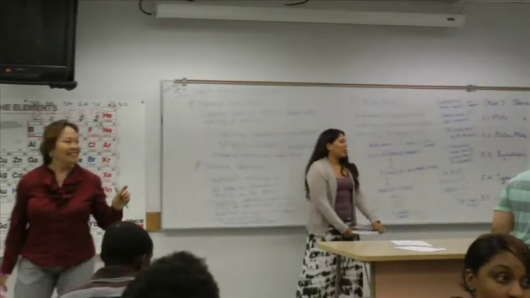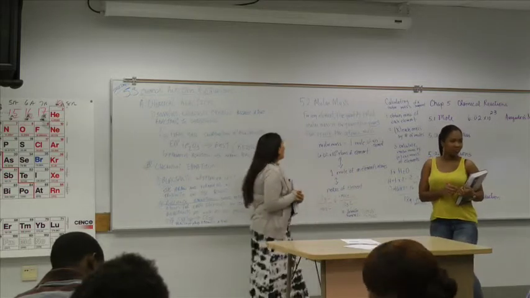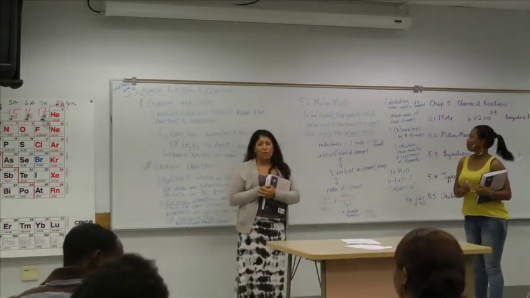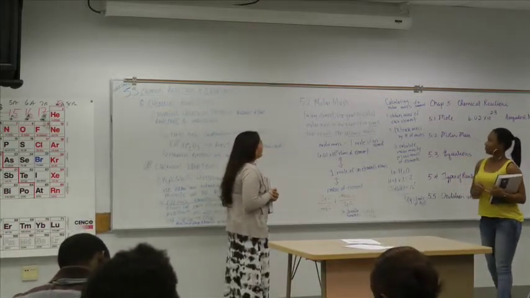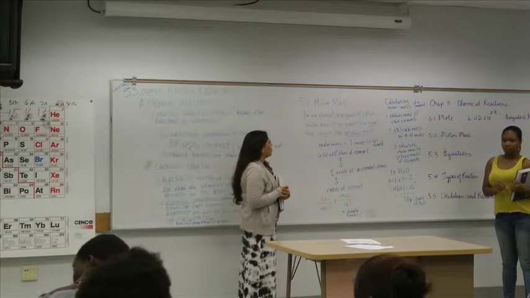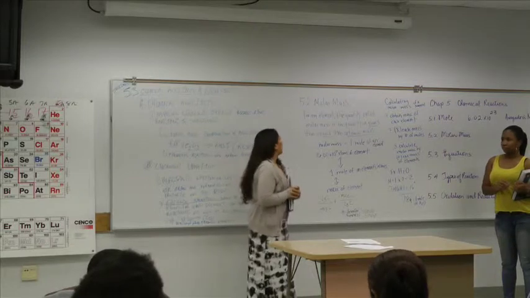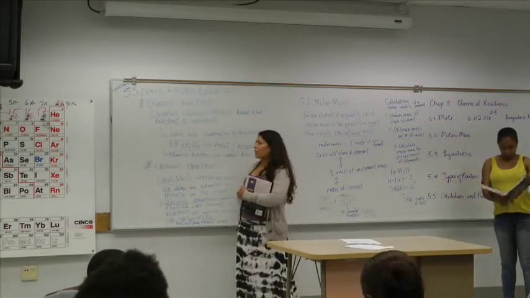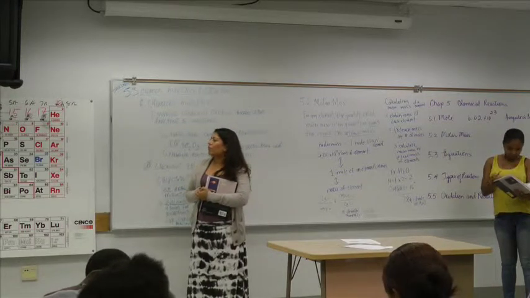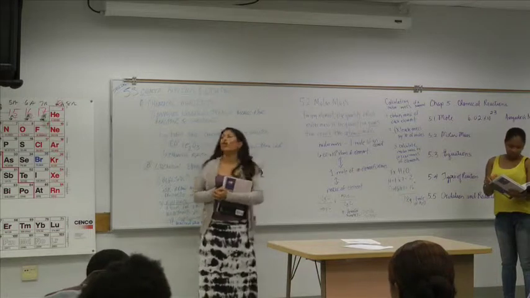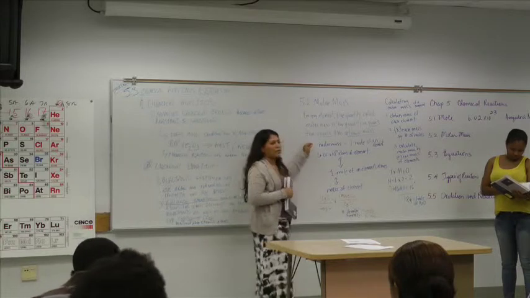Hi, I'm Jennifer, and this is Sandy, and we're going to go over 5.2. So 5.2 consists of molar mass, and we're elaborating a little on Avogadro's number. For any element, molar mass is the quantity in grams that equals the atomic mass. For instance, for the carbon element, one mole of carbon equals 12 grams, which is its molar mass.